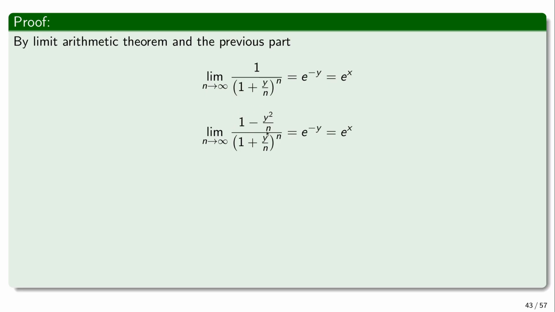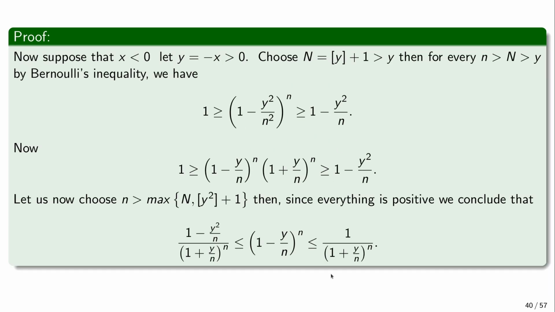Similarly here, by the same argument, this limit exists and equals 1. And this limit exists and equals e to the power of y. And therefore, by exactly the same argument, this limit is e to the negative y, which equals e to the power of x. And therefore, we are applying the sandwich theorem to this situation.